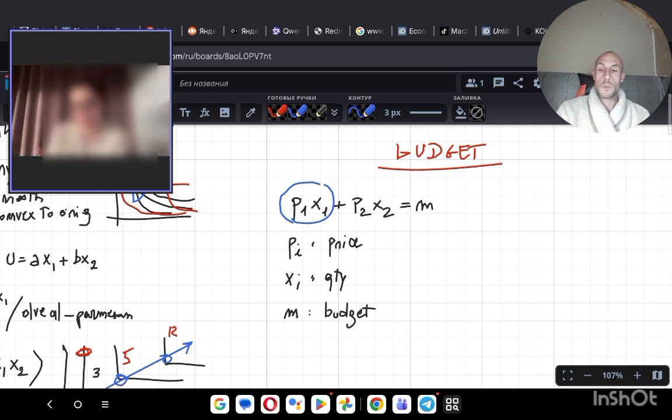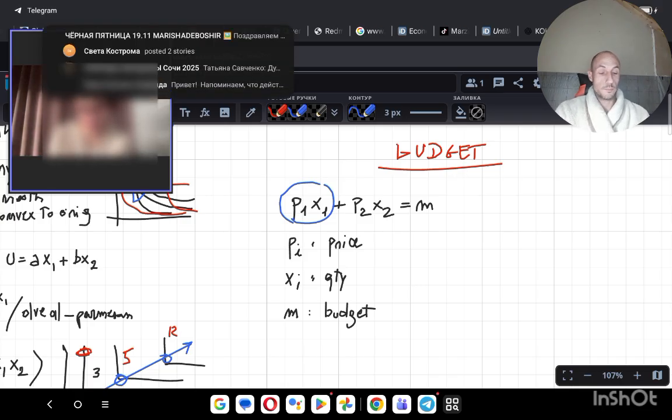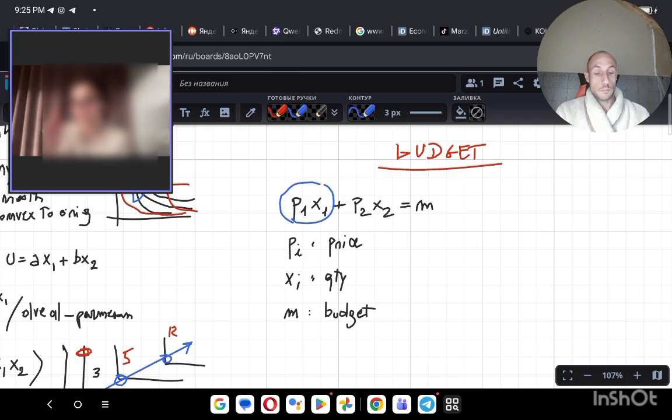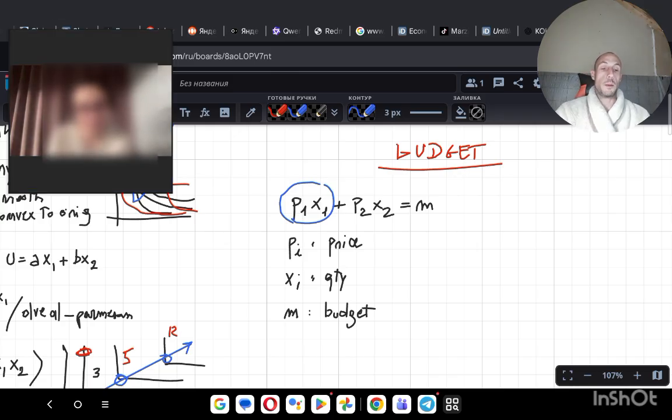So it's how much we spend for some certain type of products. Yes, exactly. For example, 3 cups, and the same with P2 and X2. Exactly. 2 pizzas, for example, multiplied by $5 per pizza is your budget. Yes, very good.